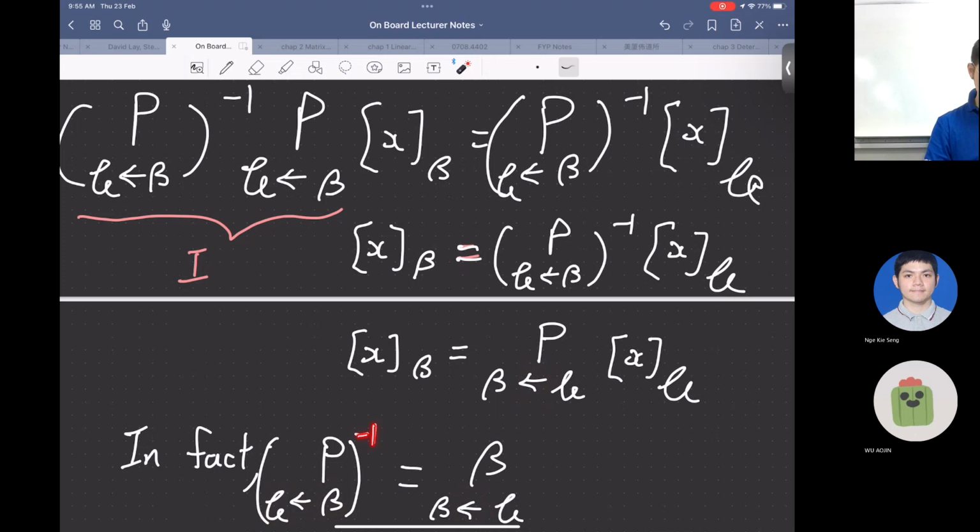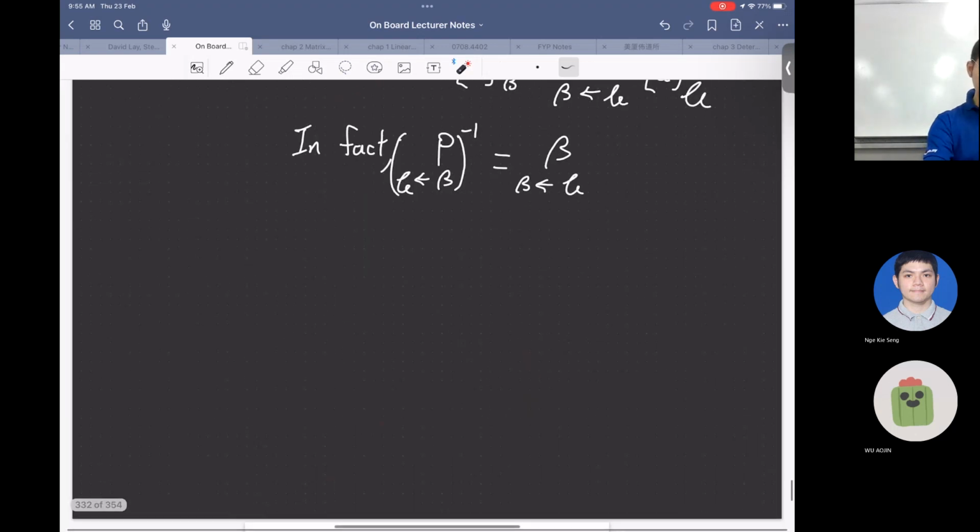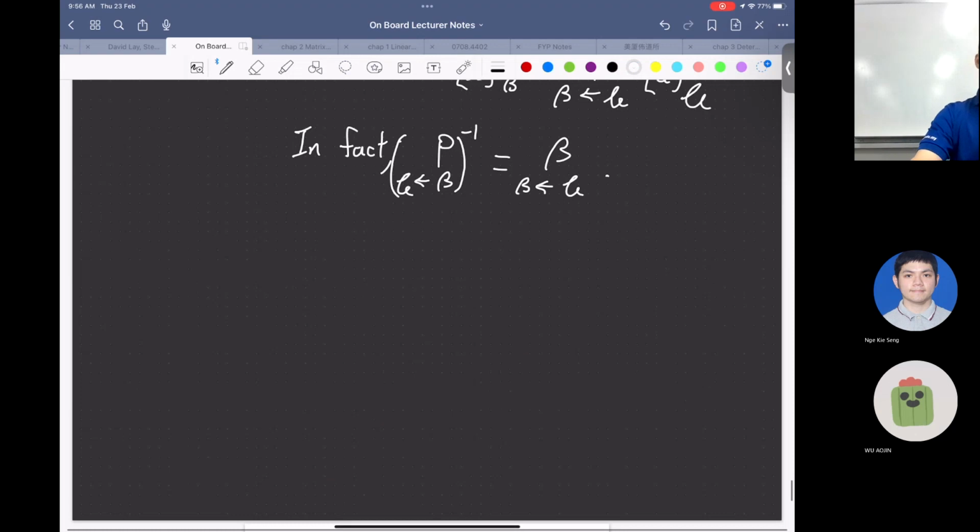Really, for the inverse of a change of coordinate basis matrix, you just change the arrow. Nothing special. But this actually gives a new way to look at matrix equations, really.